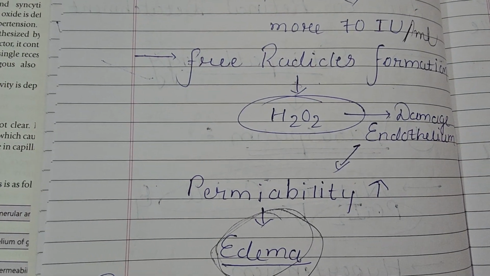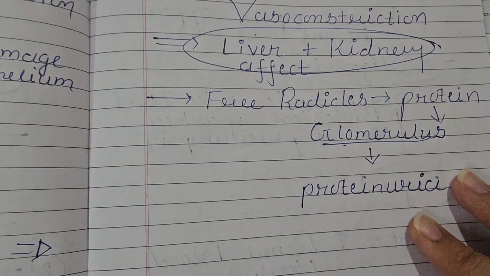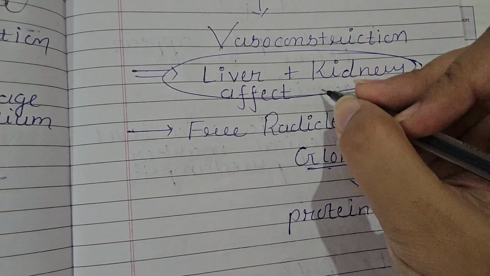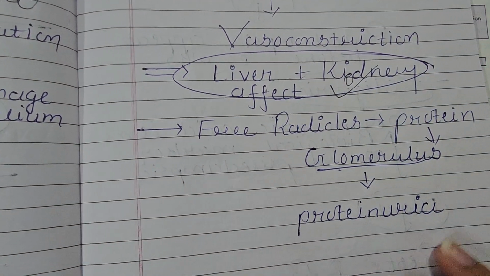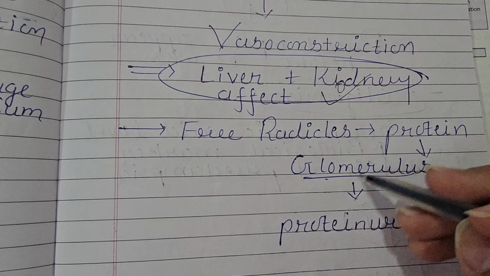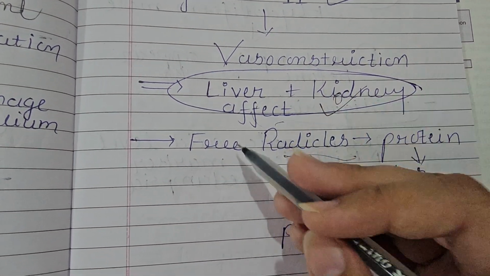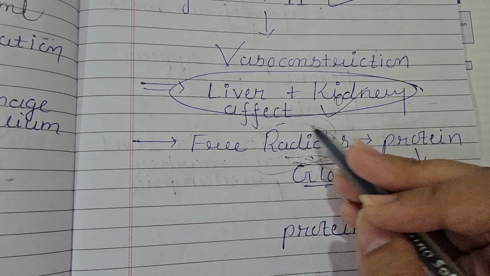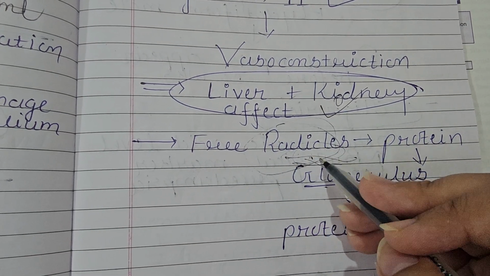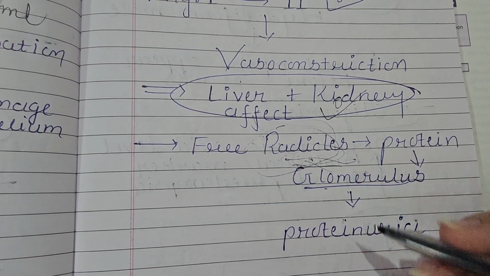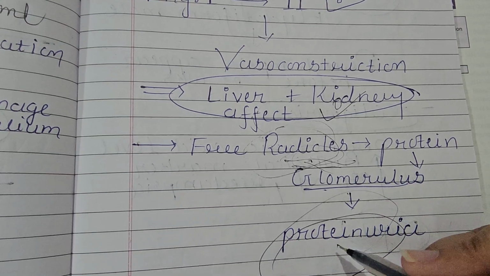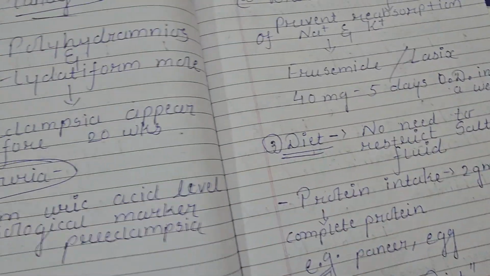Okay, so what happened? These free radicals go into the kidney. In the kidney, fatty acids plus free radicals form low levels of protein, more and more protein, which affects the glomerulus, and eventually we can see proteinuria.